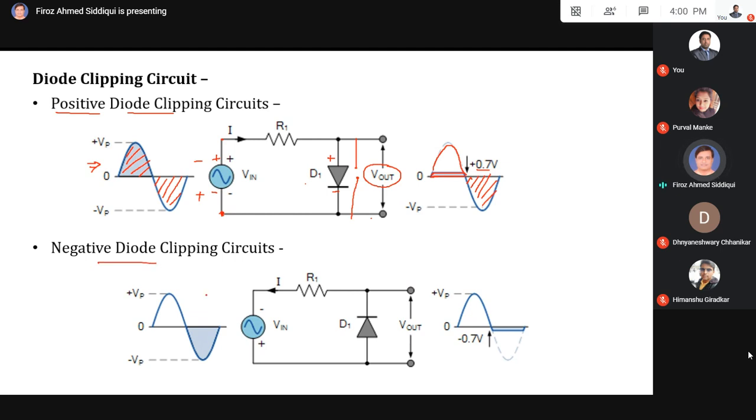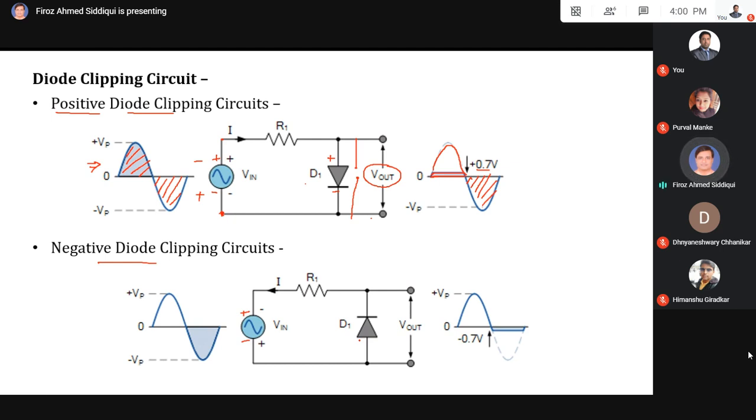What about the negative clipper? In the negative clipper the diode is connected like this, so that in the positive half cycle, when this terminal is positive, this is connected to the negative terminal of the diode, and this negative terminal of the battery is connected to the positive terminal of the diode.